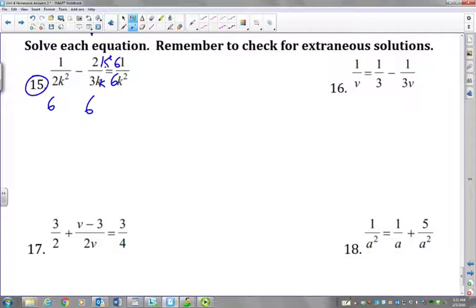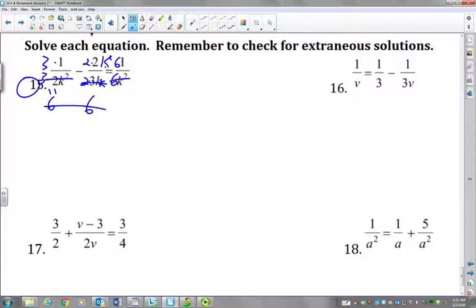Times it by 3, because if we times it by 3, that'll make it a 6, top and bottom. This one, to make this a 6, we times it by 2, top and bottom. And so now we have 6k squared, 6k squared, 6k squared.